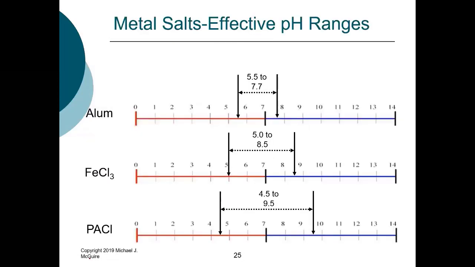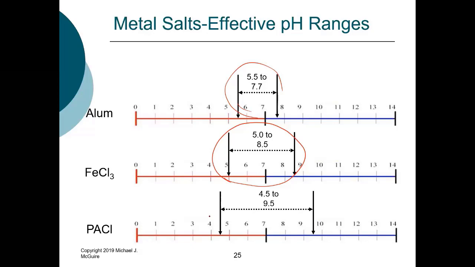One of the challenges of these coagulants is that they tend to be effective only in a fairly narrow range. So alum is typically most effective in a pH range from about 5.5 to 7.7. Ferric chloride is more effective over a wider range, from 5 to about 8.5.